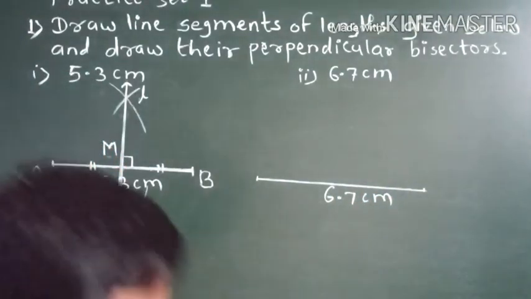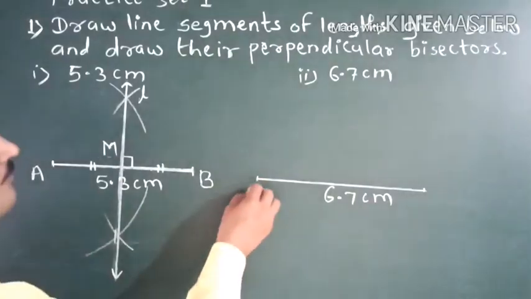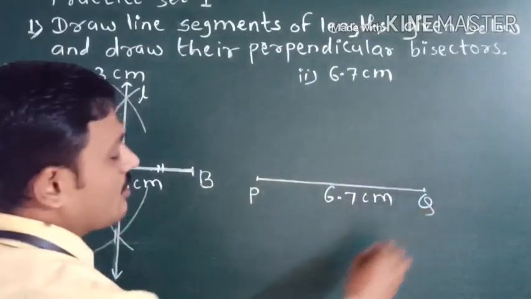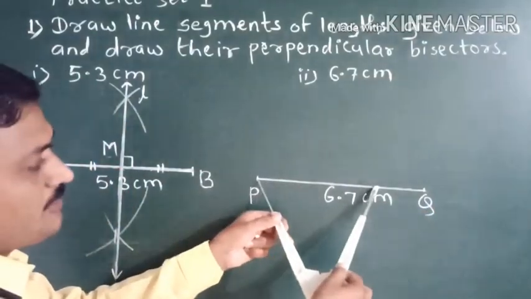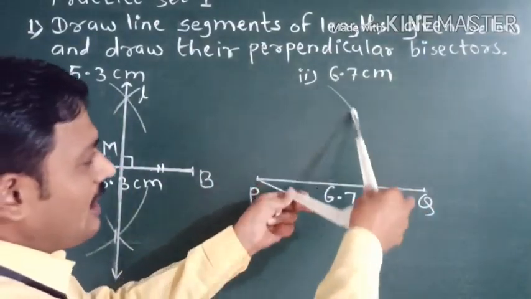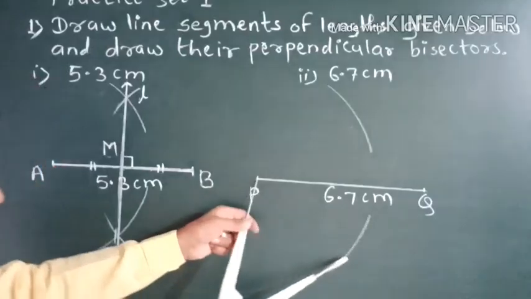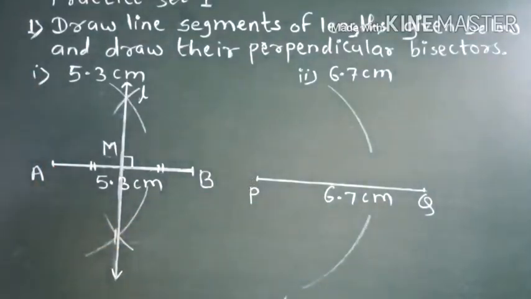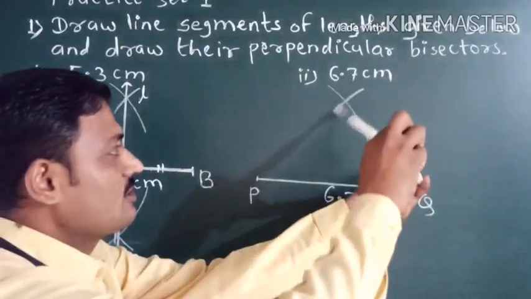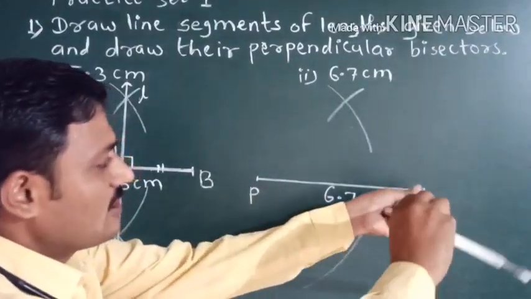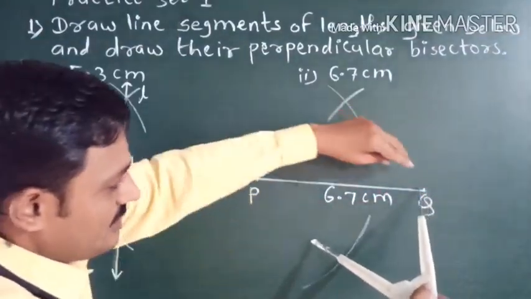Here first we take a compass. We take a distance more than half between the two ends of the compass and we draw arcs, one above the segment, the other below the segment. With the same distance we draw arcs above the segment and below the segment.